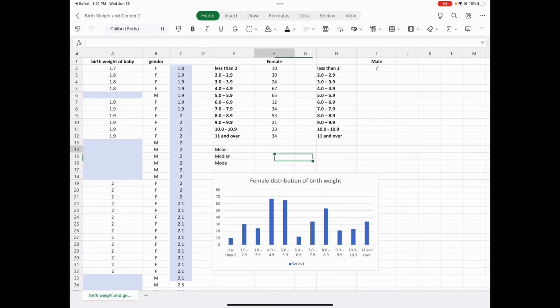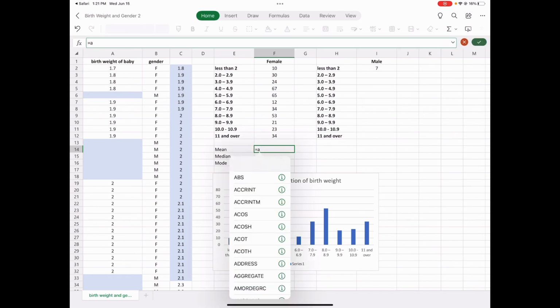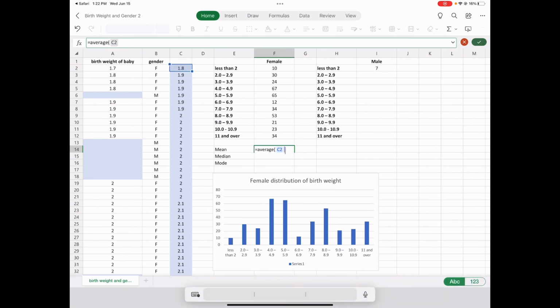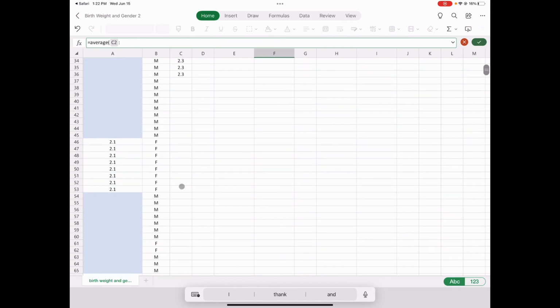Okay, so the next thing you're going to do is the mean. I want to find the mean of the females. So I'm going to hit an equal sign, and I would write average, because that's the command for Excel. And this first average is up here at C2. Now notice it put C2 there for me. You can type C2 or you can click it. And then colon, I'm going to go down all the way to the end.